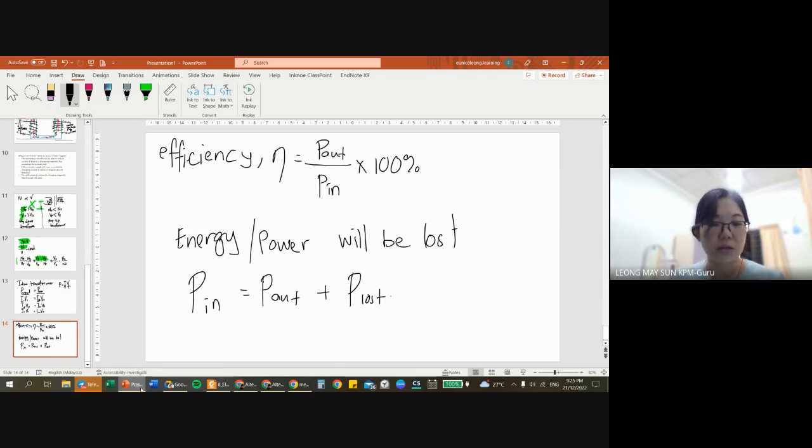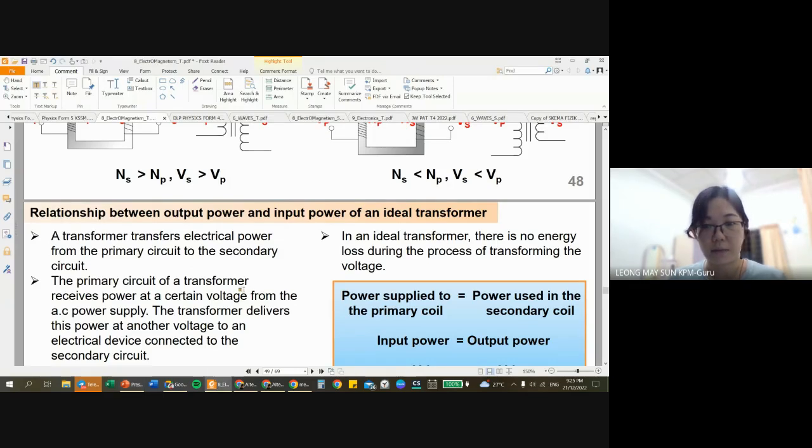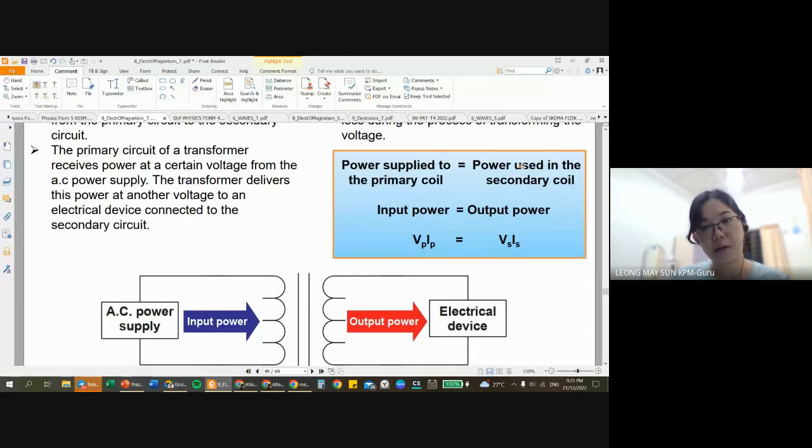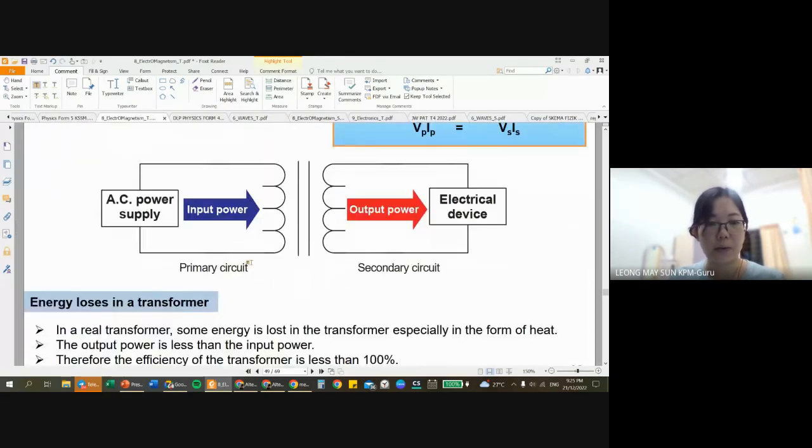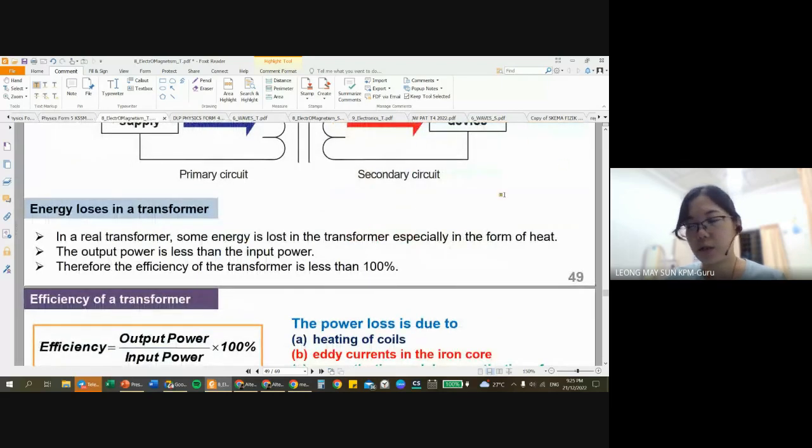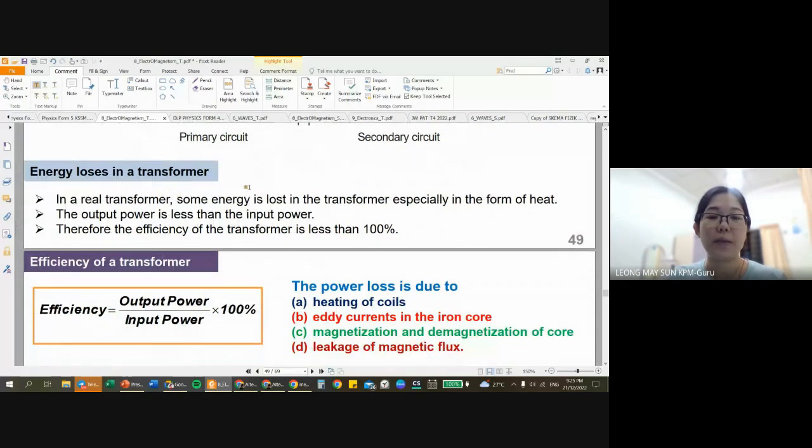So let's see what else I have to say. I've already talked about power input and power output. Now, energy loss in the transformer. So we'll have to look more into the energy loss in a transformer. In a real life transformer, some energy will be lost, especially in the form of heat energy, thermal energy. The output power is always less than the input power.